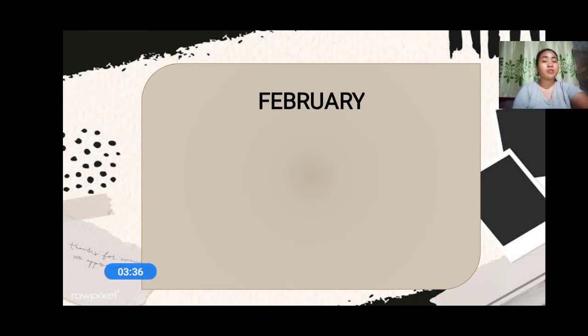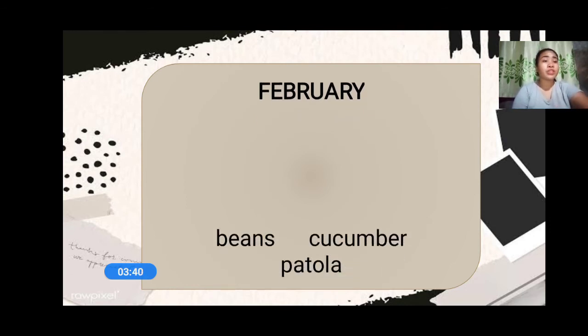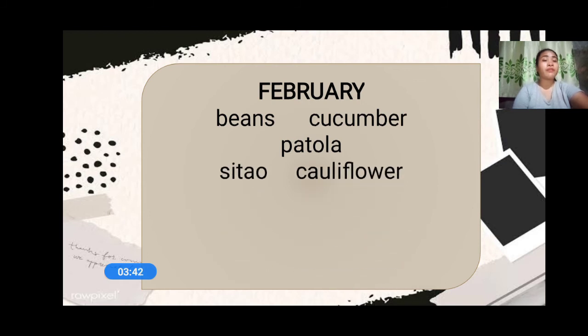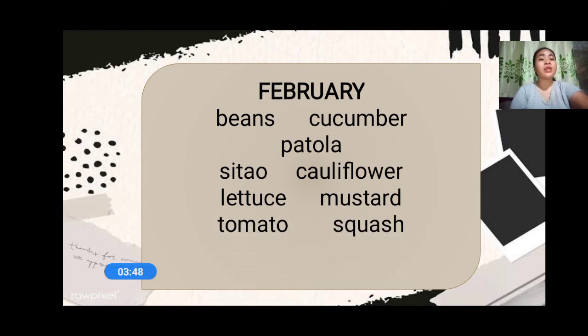Okay, so let us proceed to February. So these are the vegetables that can be planted during February. We have the beans, cucumber, patola, sitaw, cauliflower, lettuce, mustard, tomato, squash, and pechay. So what are the vegetables that can be planted during February?